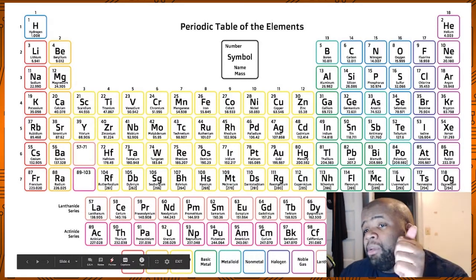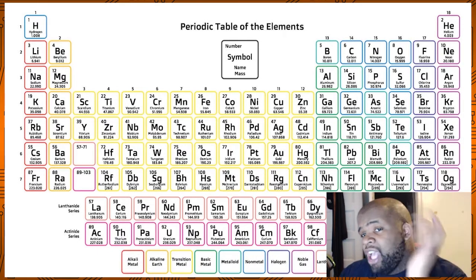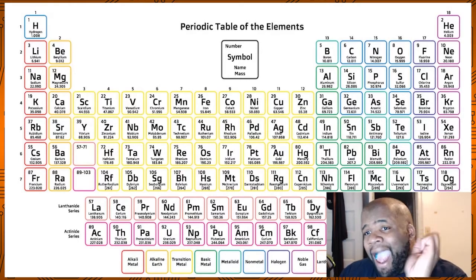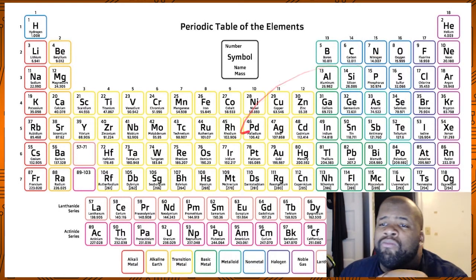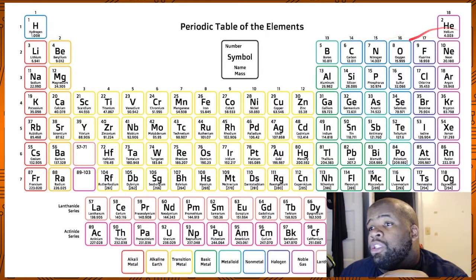Because atomic numbers tell you how many protons atoms of that element have. That being said, 7, 8, and 10, if you notice, it goes in a very nice order, making it easy to find everything. And here we have 7, which is nitrogen, 8, which is oxygen, and 10, which is neon.